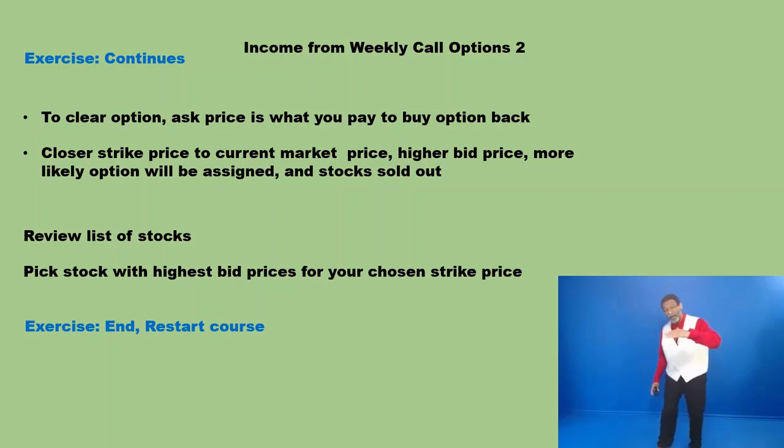In simple terms, you're trying to find out which stock has the higher potential to make the most money. And the most money is determined by what you can sell that option for, and that would be the bid price. All right, at this point, you restart the course.